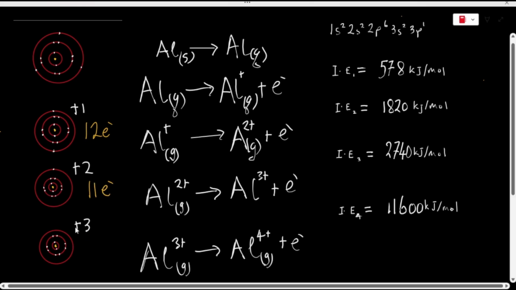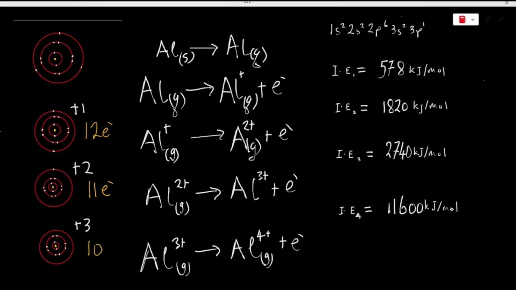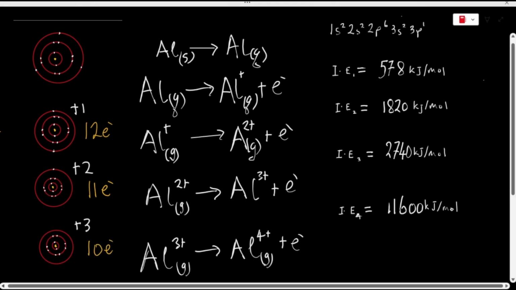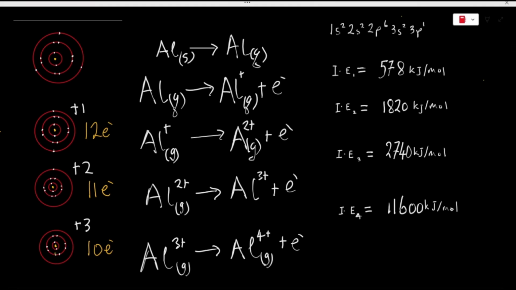And this +3 charge means that this atom has lost 3 electrons and will be left with 10 electrons on it. Now, if a 4th electron is to be removed, it will be removed from the core electrons, from an inner principal quantum energy shell.